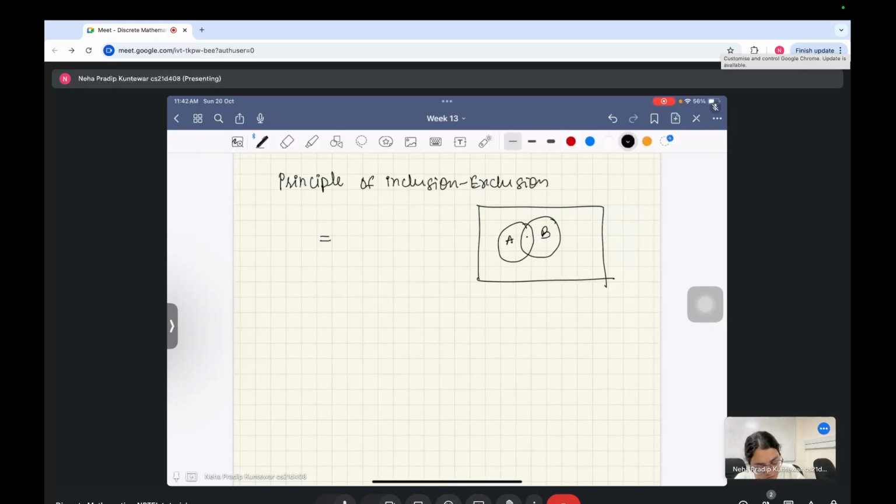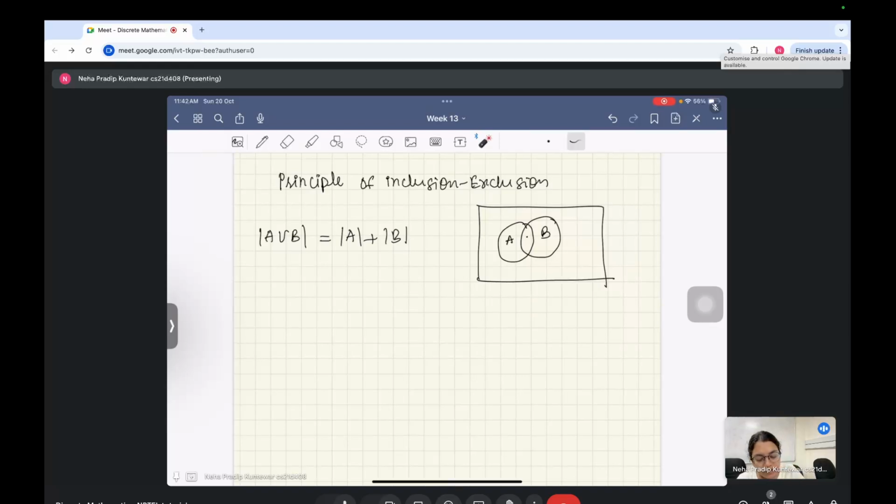If I want to find the value of A union B, I first find the size of A, that is this entire set. Then I find the size of the other set, this part B. But in the process, the elements common to both A and B got added twice, and I only want to add them once.